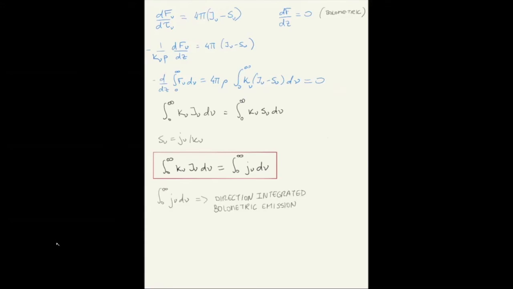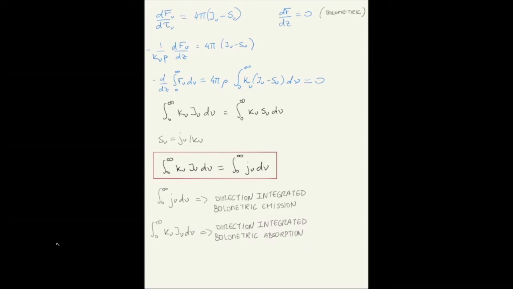That means the emission in all directions and in all frequencies. Now the left-hand side is the direction integrated volumetric absorption. Remember, the absorption is opacity times the intensity. You integrate that over direction, and you have the mean intensity. Integrated in frequency, you have the absorption in all frequencies.